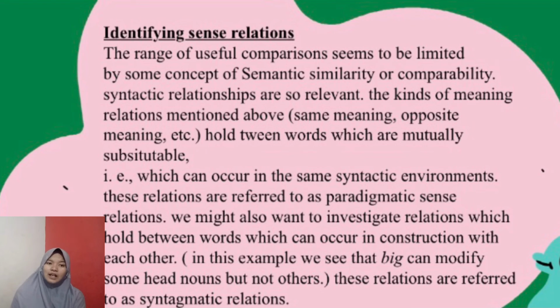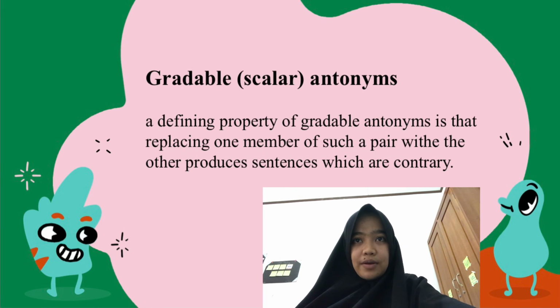These relations are referred to as paradigmatic sense relations. We might also want to investigate relations which hold between words which can occur in construction with each other. These relations are referred to as syntagmatic relations.